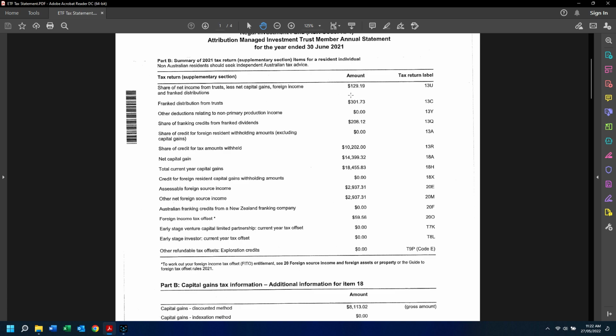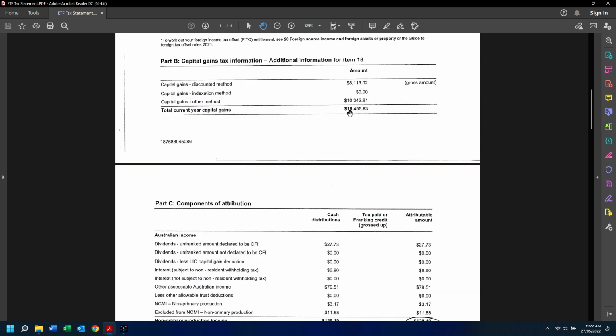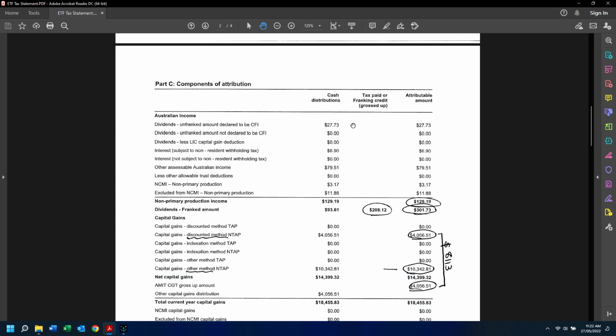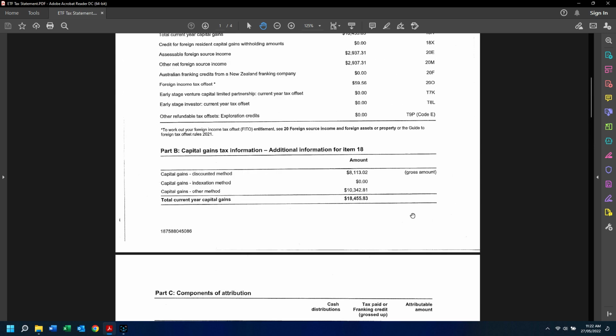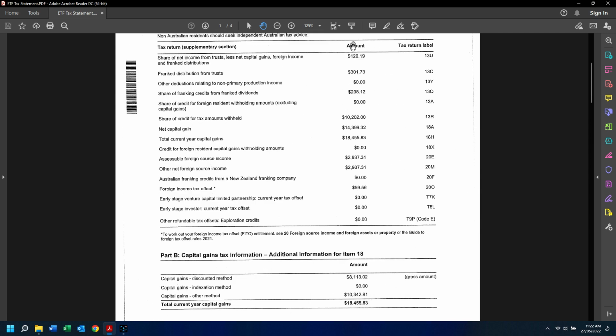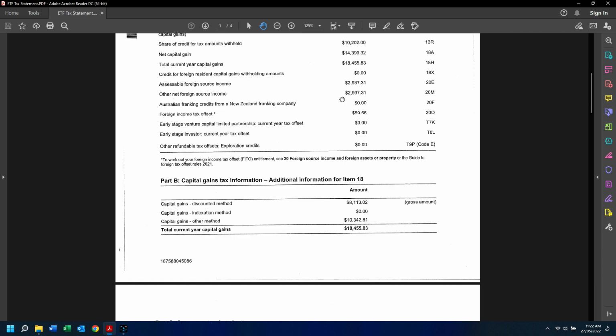Item 20 then starts the breakdown to show foreign income. So there's some foreign income, and there's also a foreign tax credit, which strangely on this occasion seems to be more than the amount of the income. But this is what happens. And then item 13 is easily missed. There's a further bit down the bottom, $10,202 of withholding tax.